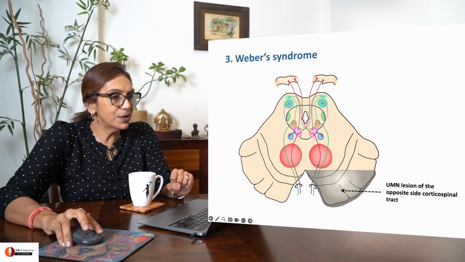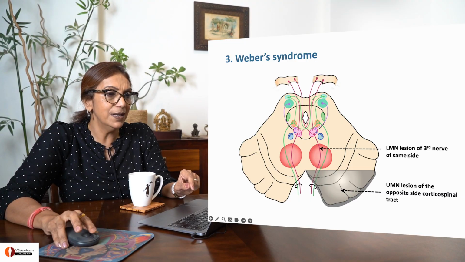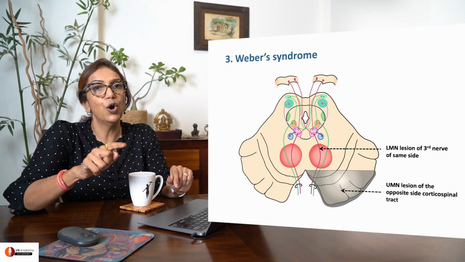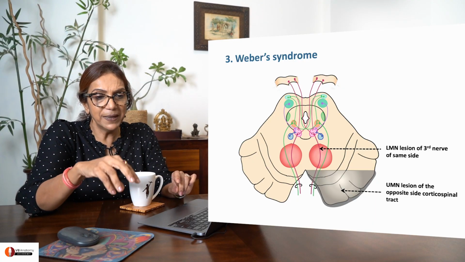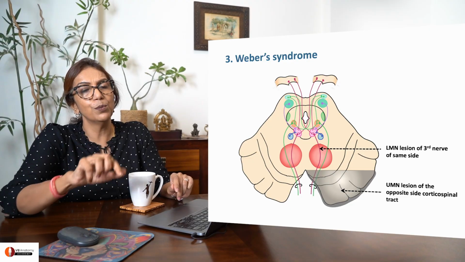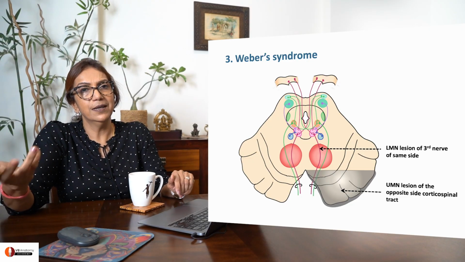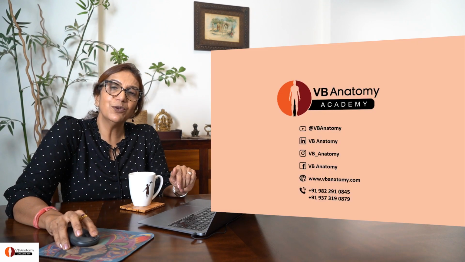But because your oculomotor nerve is also showing a lesion at this level, this will be a lower motor neuron lesion of the third nerve of the same side. That is Weber's syndrome, typically a condition that affects the oculomotor nerve besides having the body showing contralateral hemiplegia related symptoms.